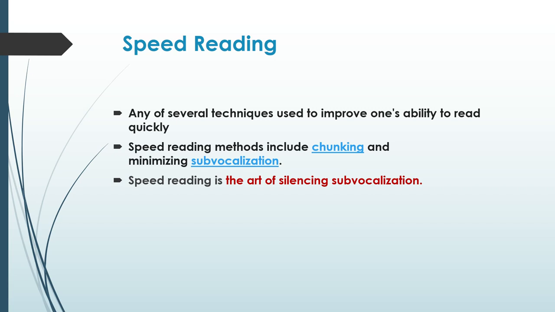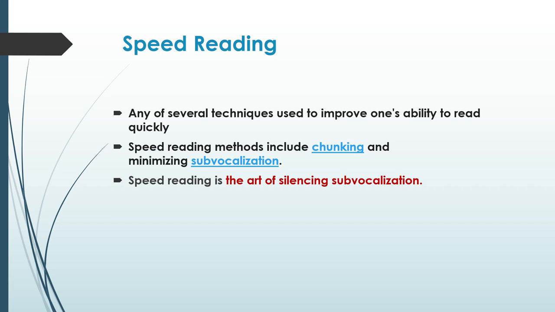So when you do speed reading, which I will tell you how to do, meaning chunking, when you do chunking, it reduces subvocalization. Subvocalization, I already told you, means that you speak while reading. Some people I have seen, if they are silently reading, they seem to be whispering, as if they are also reading the words, not loudly, but whispering.